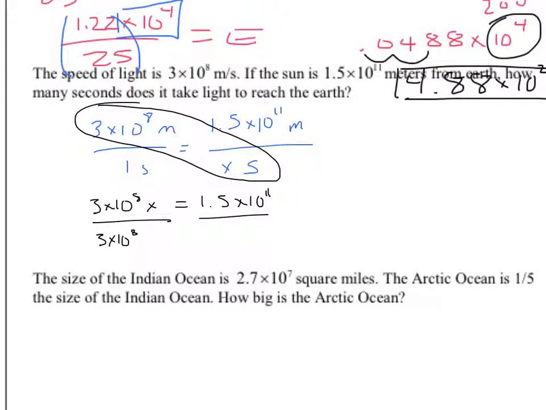So we solve the equation by dividing both sides by 3 times 10 to the 8th. That gets our cross-canceling going on there. Here, we see this is just a scientific notation division, and we'll break it apart. 1.5 divided by 3 gives me 0.5. 10 to the 11th divided by 10 to the 8th gives me 10 to the positive third, because we have 10 to the 11 minus 8.